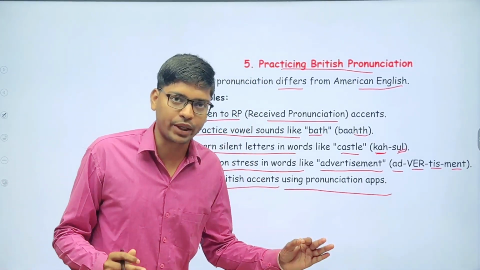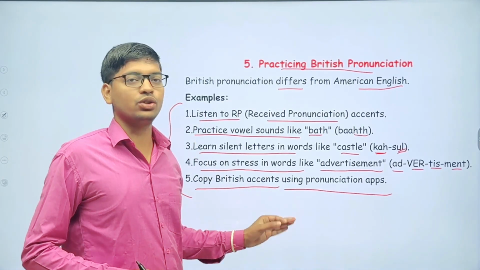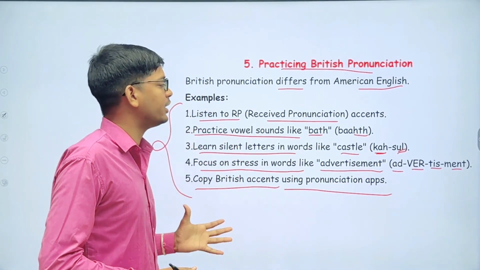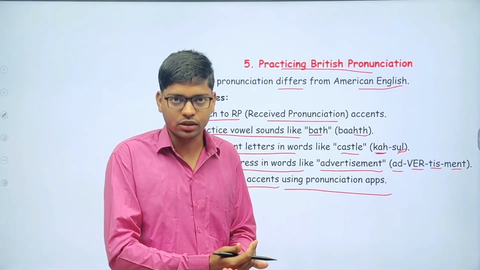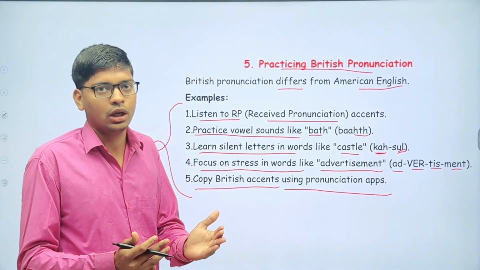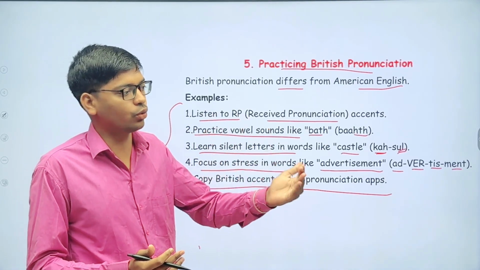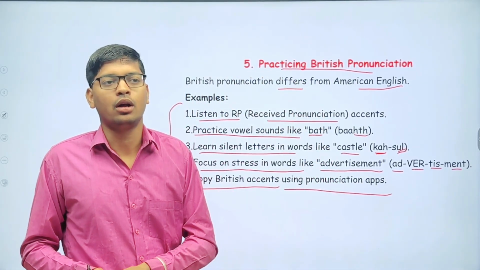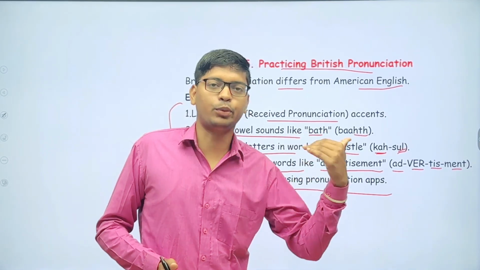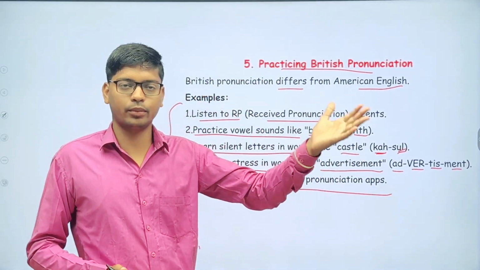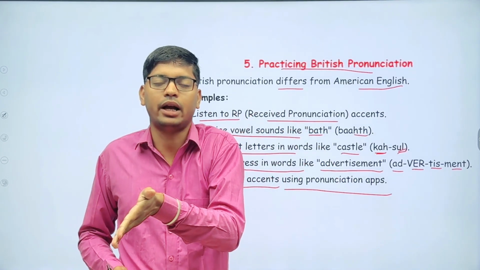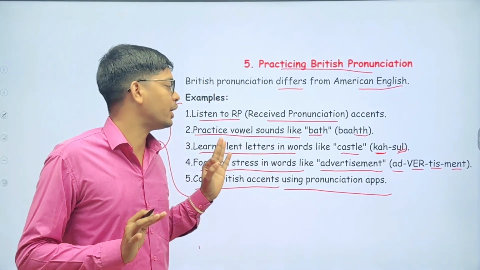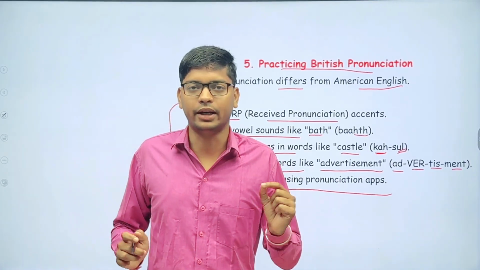So here you can easily practice British pronunciation rules, and you have to know them. Using this method, you can automatically change your way from non-native to native speakers, and other accents to British accents. So guys, you understand what I am saying. This is a very important thing. So let's see our next method.